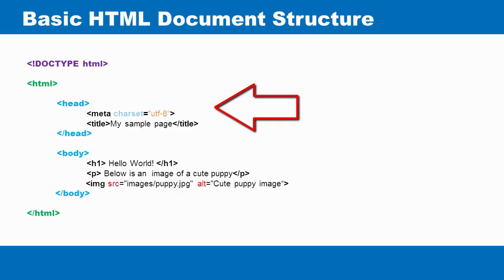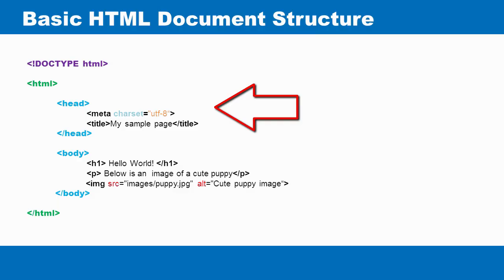Whatever content is enclosed between the head element isn't the content that is visible when someone visits your web page. So within the head element, you can add tags like the meta charset, and also the page title.